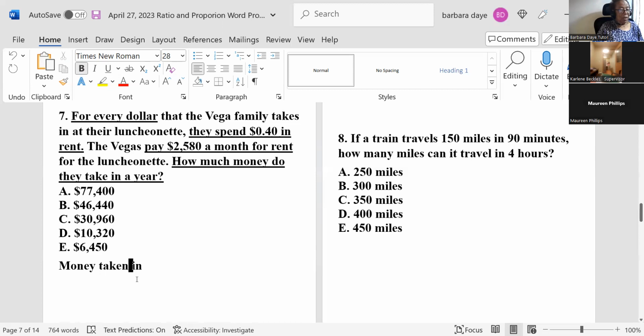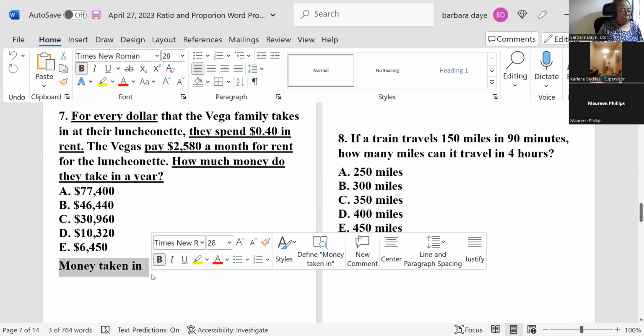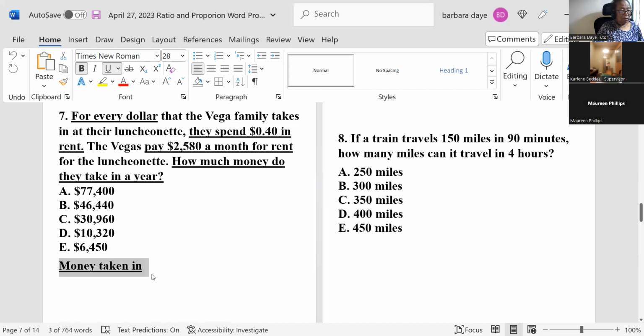Okay, so money taken in divided by money paid for rent. That's the ratio you want.